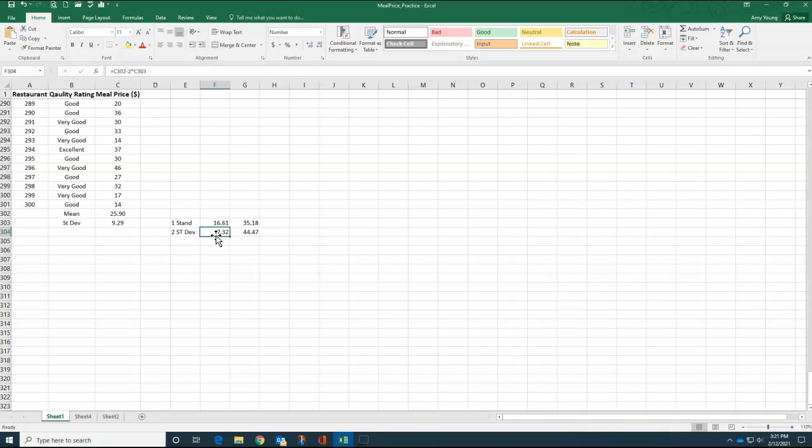So then if I have a restaurant in this case that falls below $7.32 or above $44.47, I can say that that is outside of that 2 standard deviations. That's abnormal because there's only a 5% chance that that's going to happen. And we're going to talk more about that in the next chapter. I just wanted you guys to have a basic understanding of what standard deviation is.